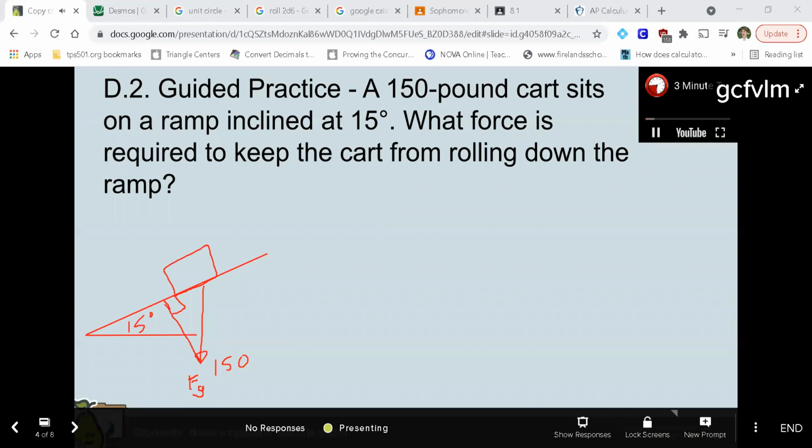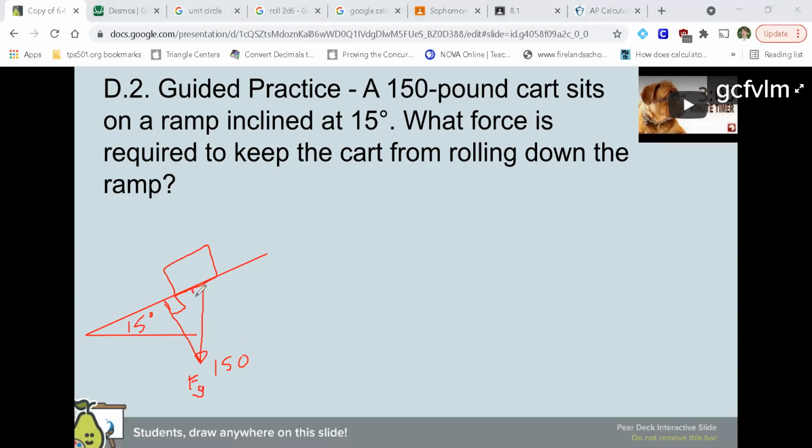All right. So again, the first thing you really need to find out is what is this angle right here?